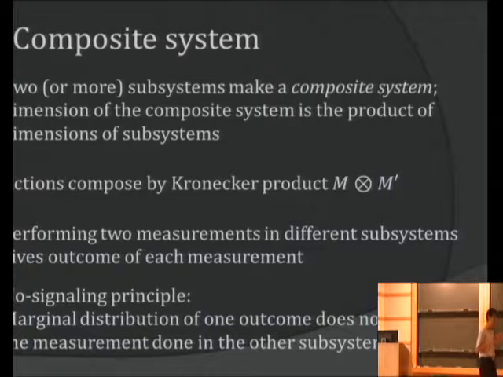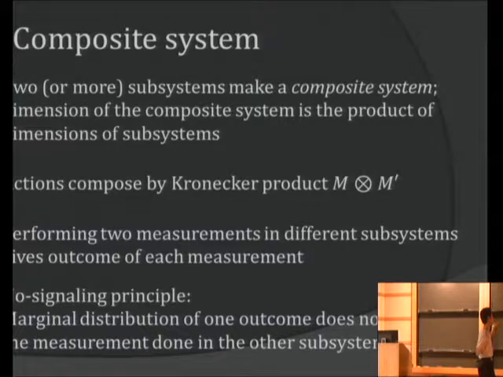So the outcomes can be correlated, but what I meant here is that the distribution of the outcome at the first subsystem doesn't depend on it.